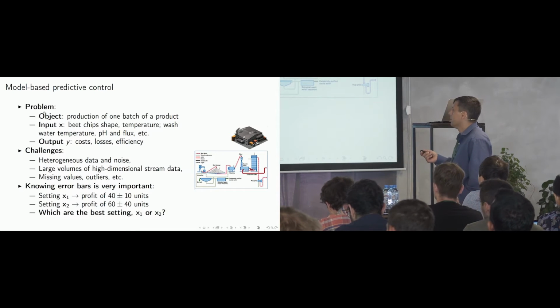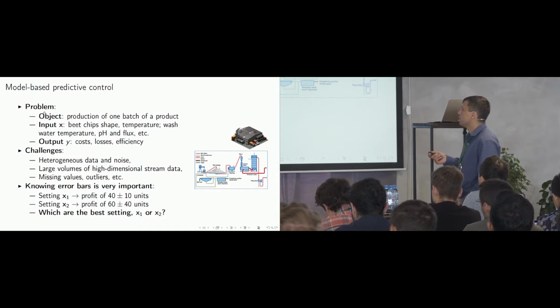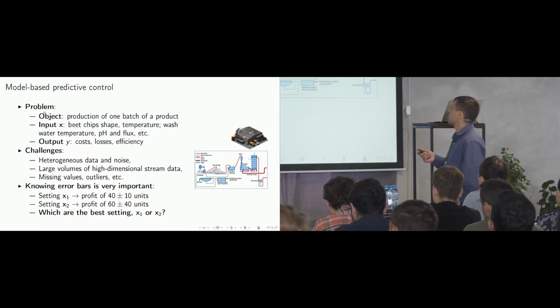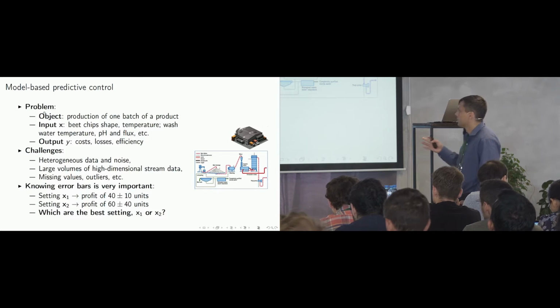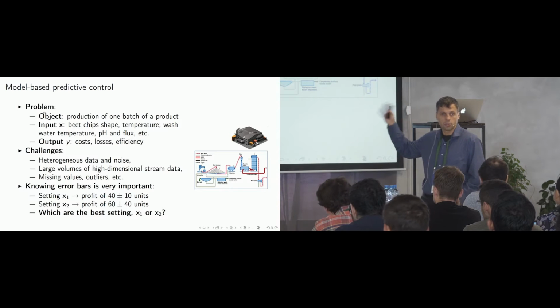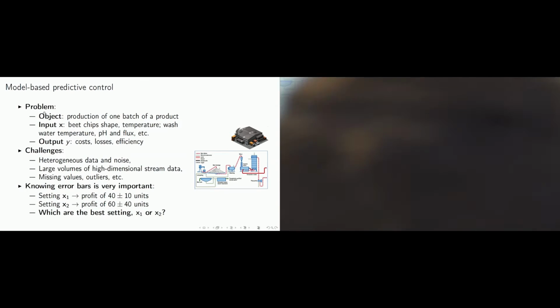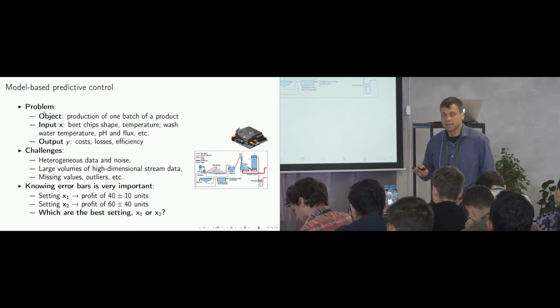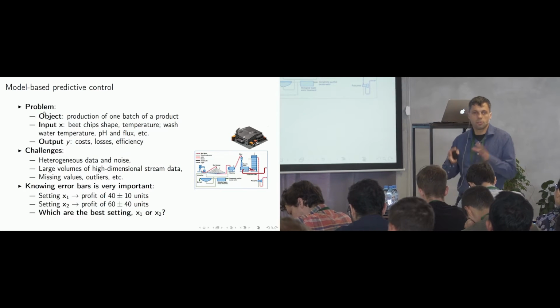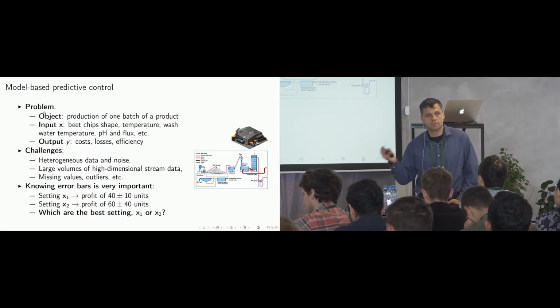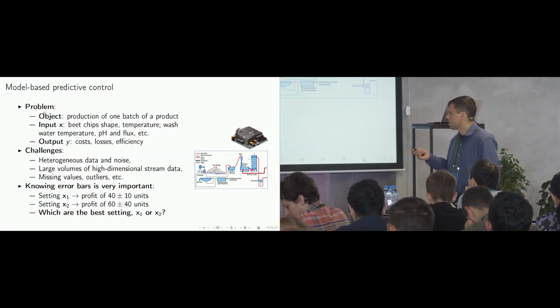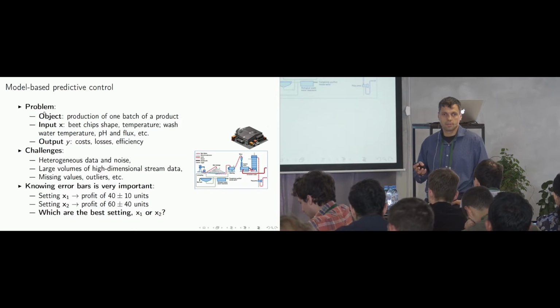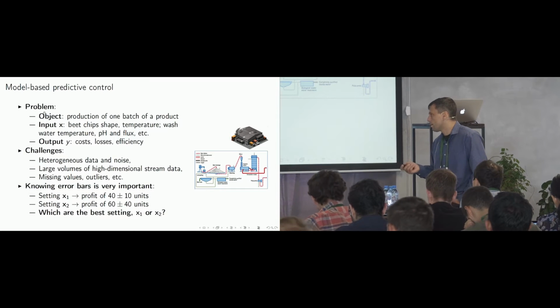For example, as input here, we consider various technological parameters of the production of one batch of, in this case, sugar. And the output Y here consists of costs, losses, and efficiency. We use historical data to construct a predictive model of how these losses and costs depend on technological parameters.